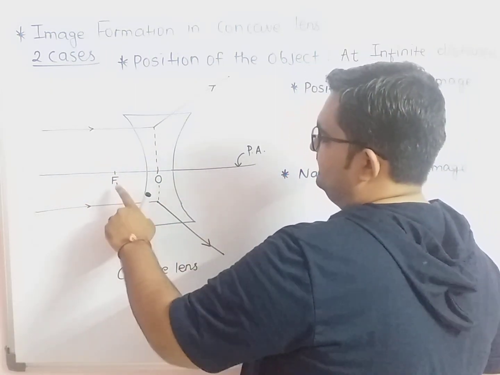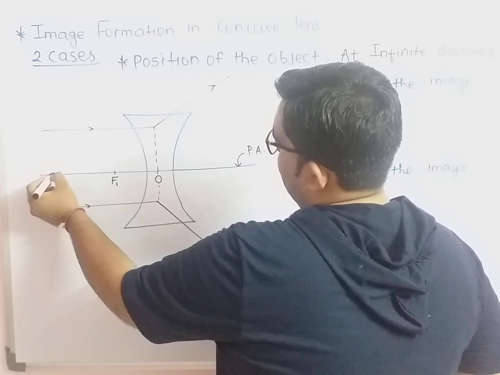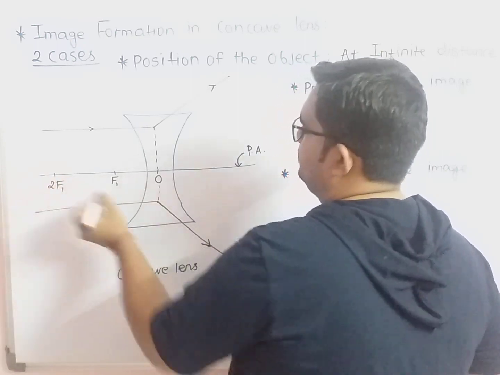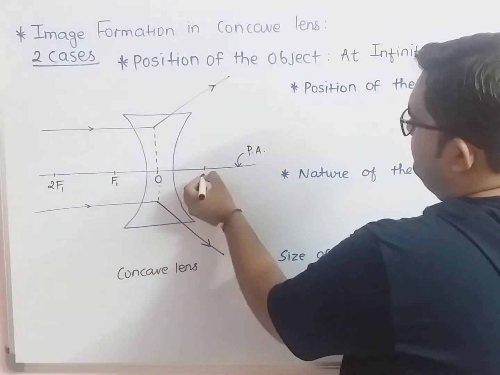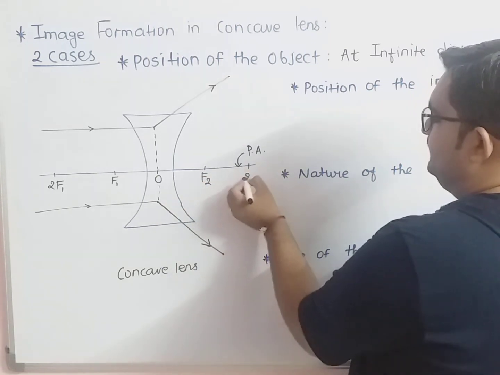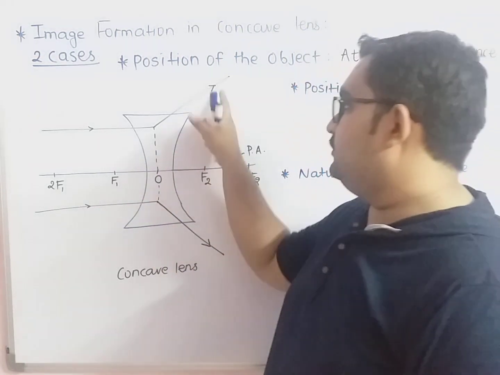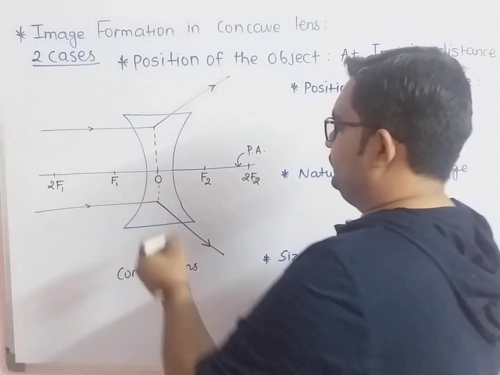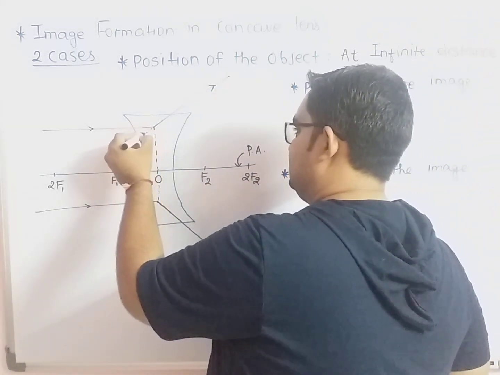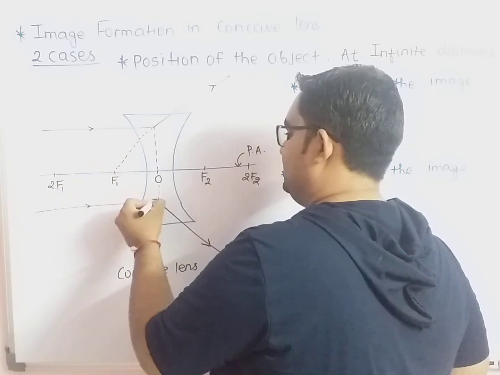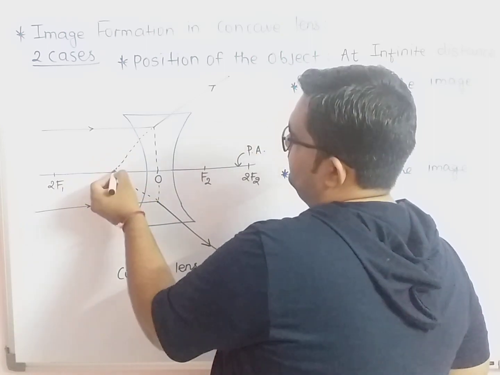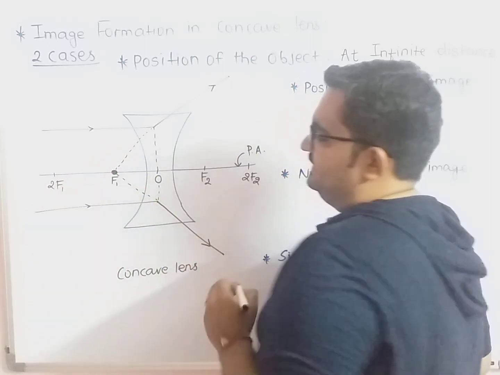Let us just consider this F1. Now here 2F1, here F2, and here 2F2. Now both rays are diverged. So if we extend them on the back side of the lens, here we get the image.